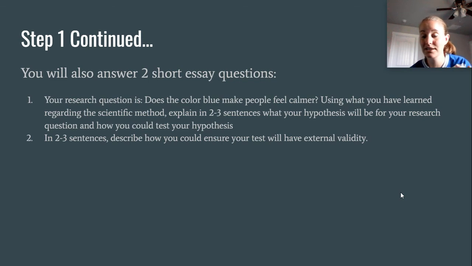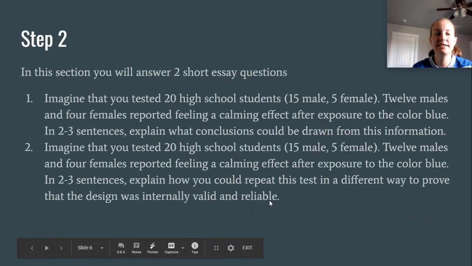So in those 2 to 3 sentences, write down, this is my hypothesis, or this is what I think is going to happen, and this is the test I'm going to use to figure out if my hypothesis is accurate or not. The second question is, in 2 to 3 sentences, describe how you could ensure your test will have external validity. In other words, how can you apply your test in a different situation and have the outcome still be valid?